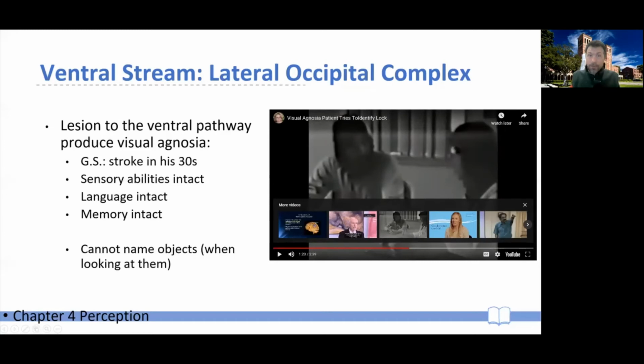And as you can see from this example, clearly his how stream, the dorsal pathway in his brain, is working just fine because he recognizes the kind of motion that you would do with a combination lock. You just can't look at something and instantly tell what that is.